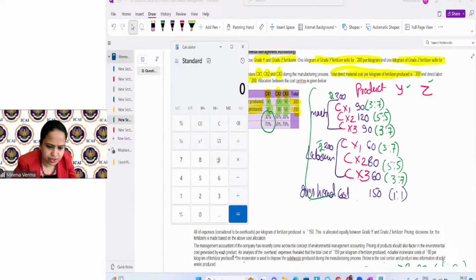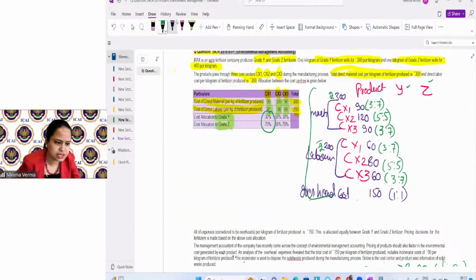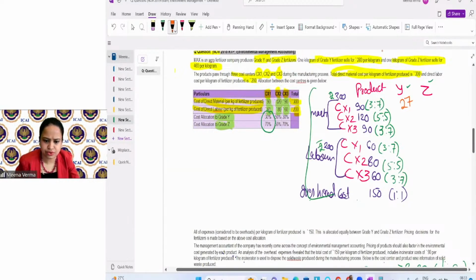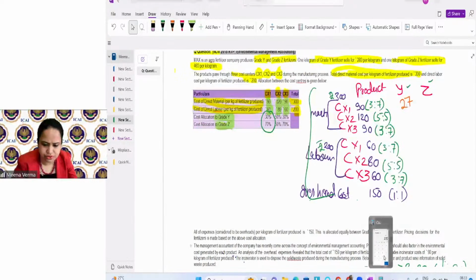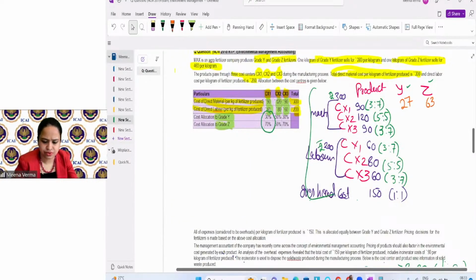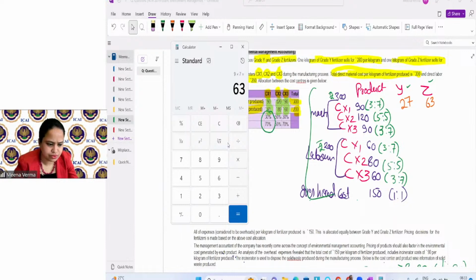So what do we have here? 90 divided into 3 by 10, 27. So here this value will be coming as 27. Okay, then next value. 9 into 7. So this is coming as 63. Then 60, 60.